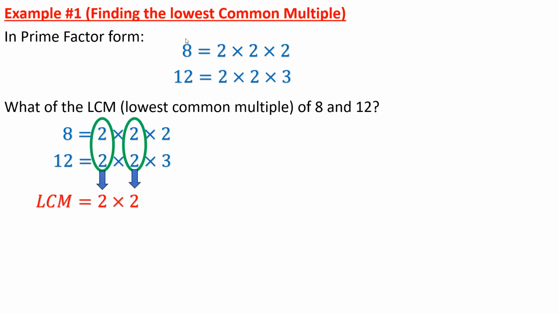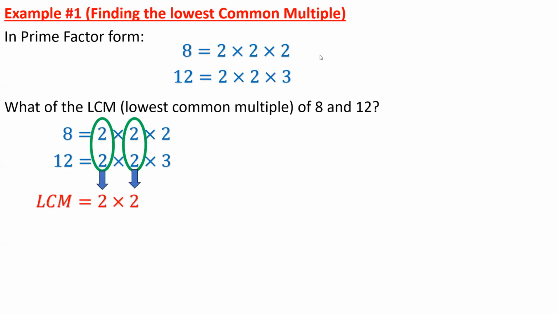It's right there. 2 times 2 times 2. That's the prime factorization of 8. And what's the prime factorization of 12 in this question? 2 times 2 times 3. Very good. That's the prime factorization of 12.